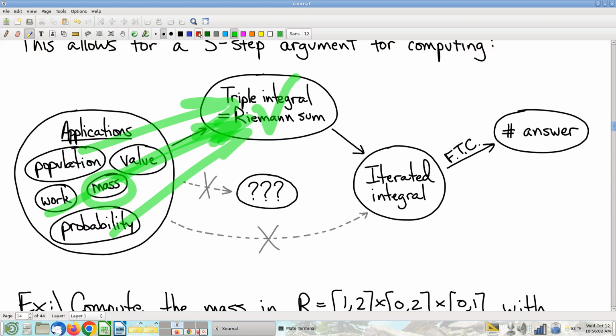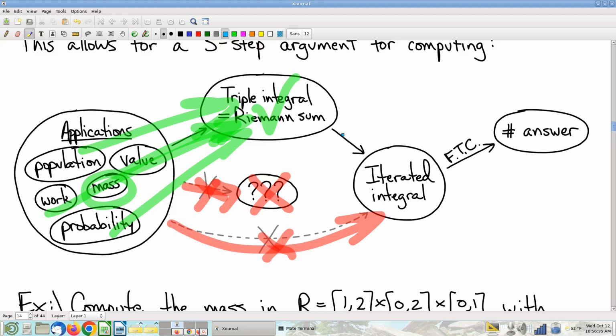We don't even know what that geometric object would be, so don't even think about doing that. Again, don't try to immediately write them as iterated integrals. You can't talk about mass per unit volume times the length. That's a mismatch. The Legos don't fit together. So those roots don't work.